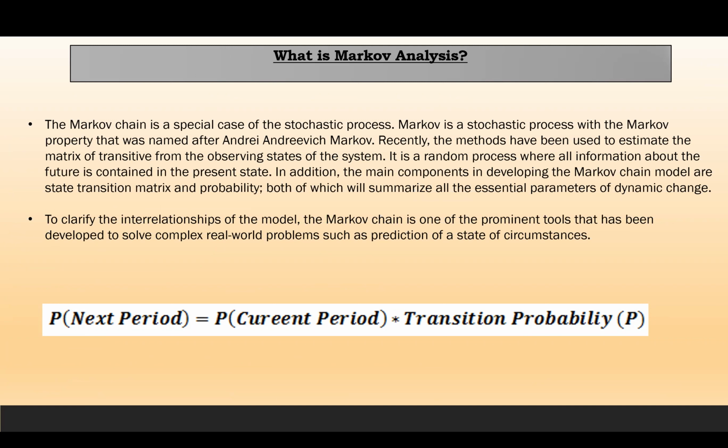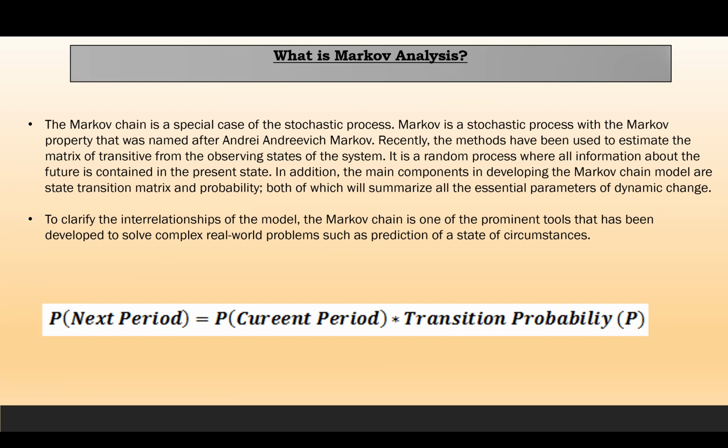It is a random process where all information about the future is contained in the present state. In addition, the main components in developing the Markov chain model are the state transition matrix and probability, both of which summarize all the essential parameters of a dynamic change.